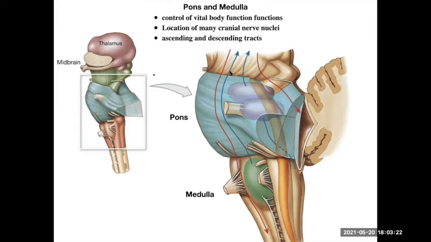We'll also have the location of our cranial nerve nuclei, just like we had the spinal cord nuclei in the spinal cord. And then we'll have all the ascending and descending tracts, coming up from the spinal cord, going down to the spinal cord, as well as into the brainstem here.